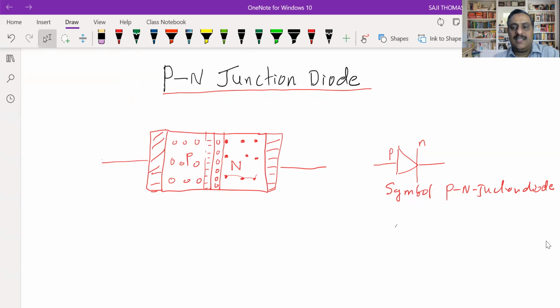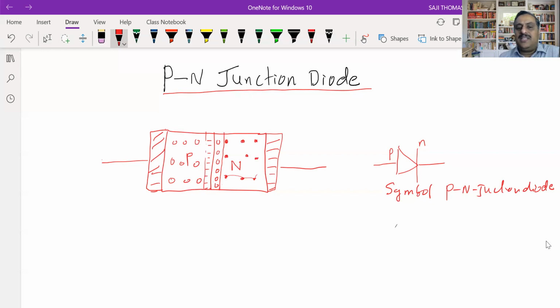At the PN junction, there is a potential difference that opposes the further diffusion of electrons and holes. And at equilibrium, the potential barrier is for silicon diode 0.6 to 0.7 volt. For germanium, 0.3 to 0.4 volt. This all we discussed last class.